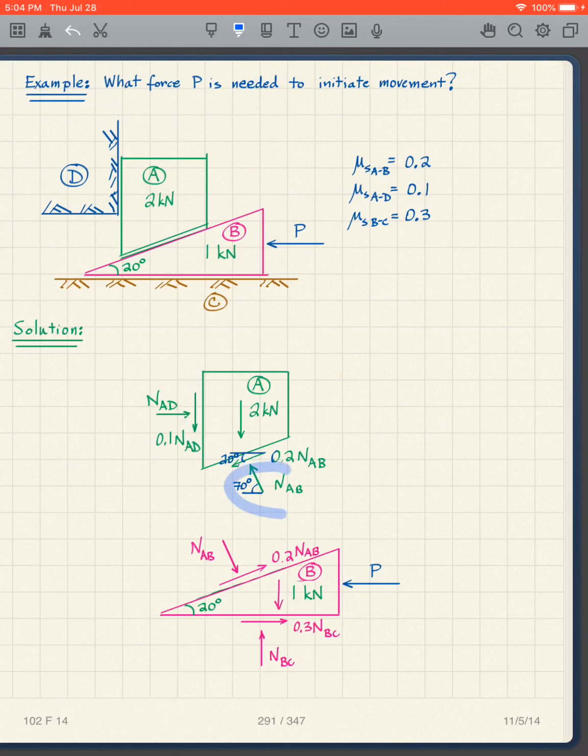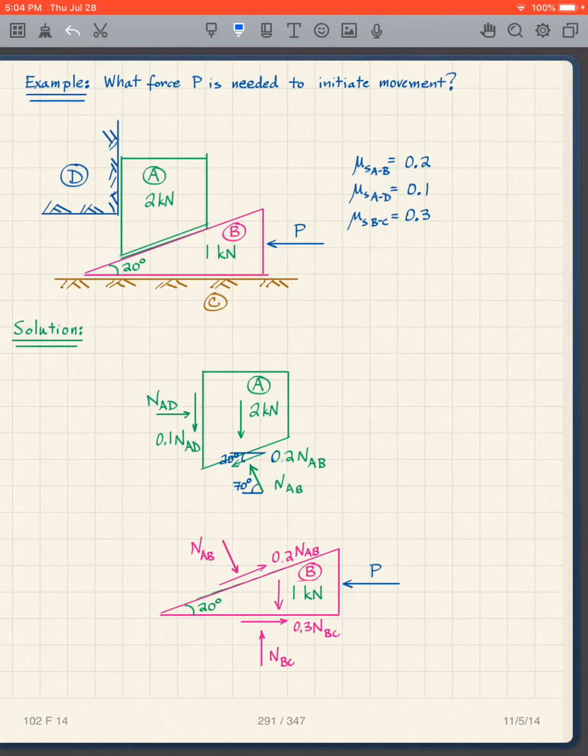Then I have this NAB here, and I have the 0.2 for this location. So 0.2 NAB. Now how do I get the direction for this one? I have to think about it a little bit.